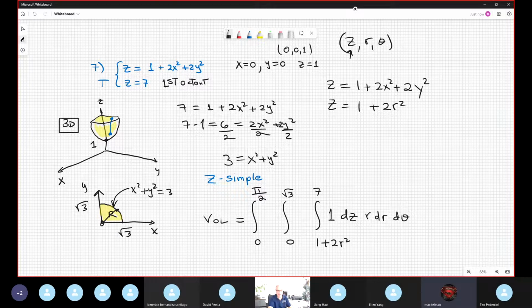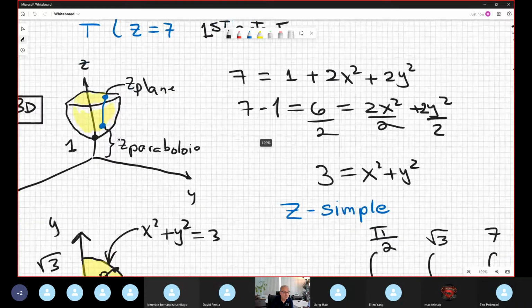Honestly, yeah, it's beautiful. And one more question, please. How did you get the lower limit for the dz integral? Look at that. It's this distance. It's the z of the paraboloid to the z of the plane. Let me zoom.